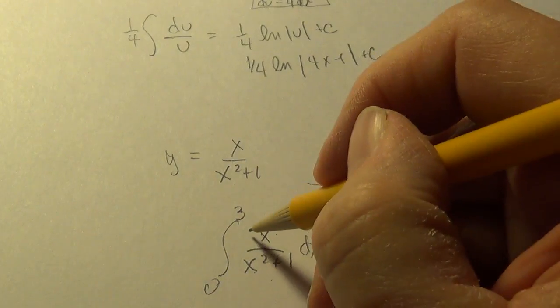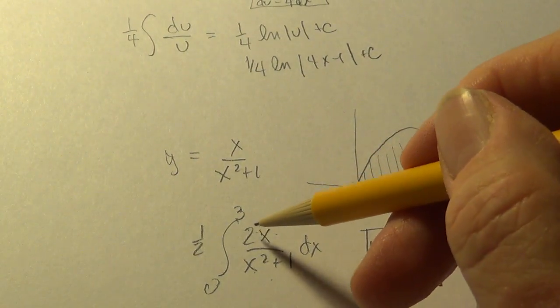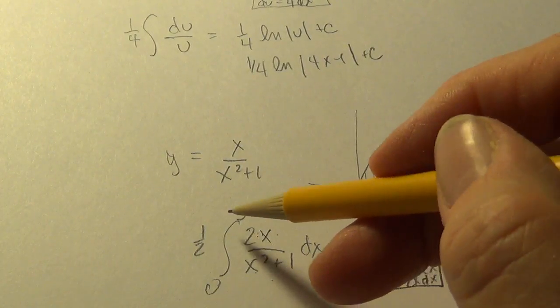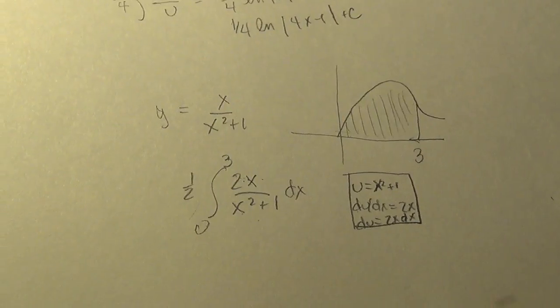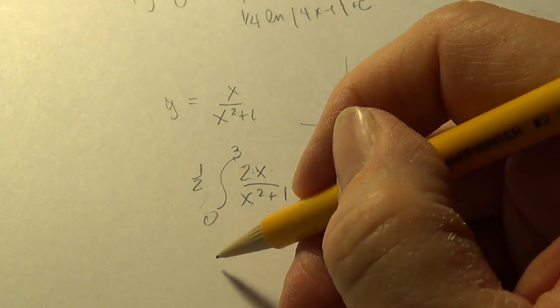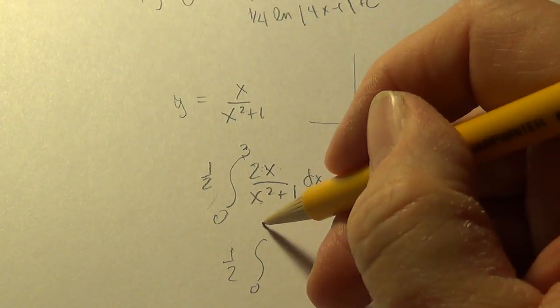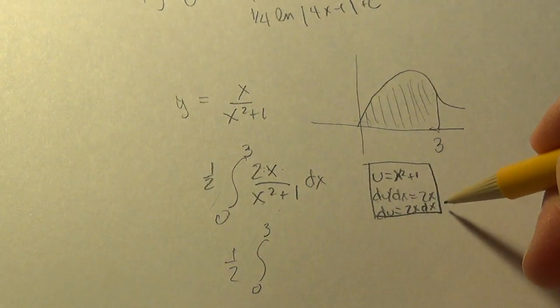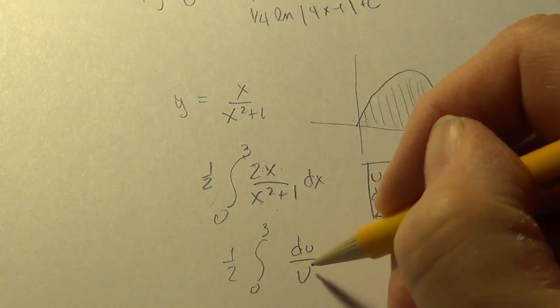So we're almost there. I need a 2 there, so I can always remember the only thing you can put in and adjust for are constants. Can't do that with variables. So we have 1/2 the integral from 0 to 3 of du over u.